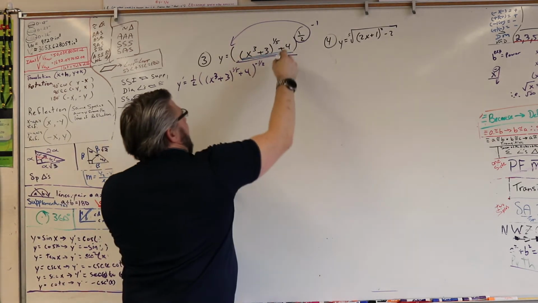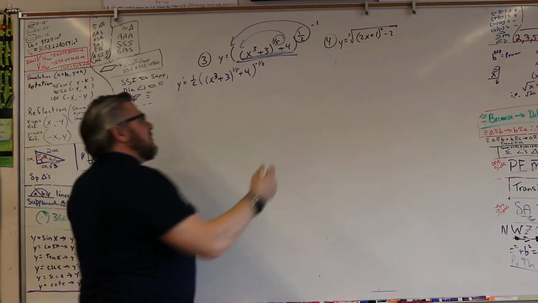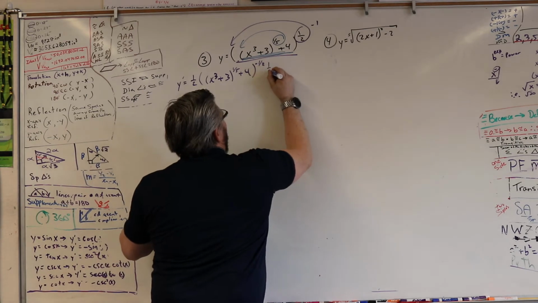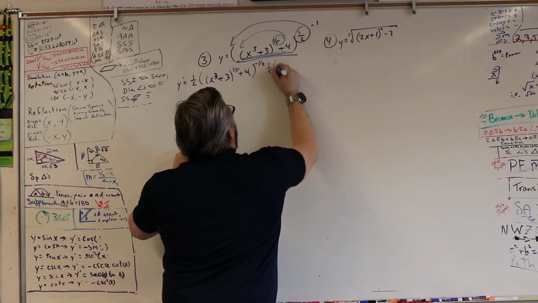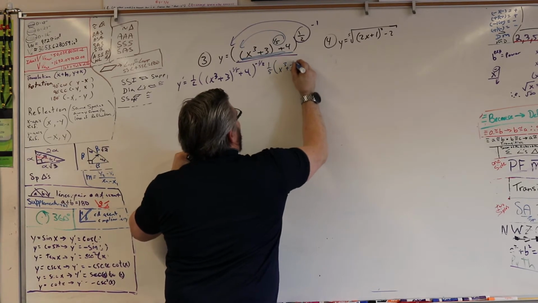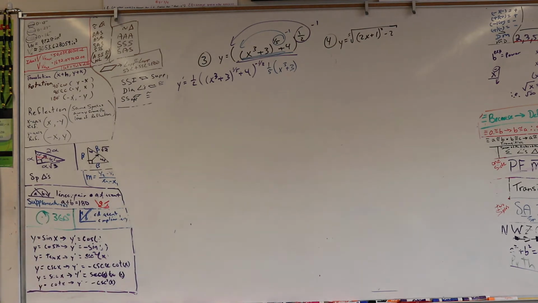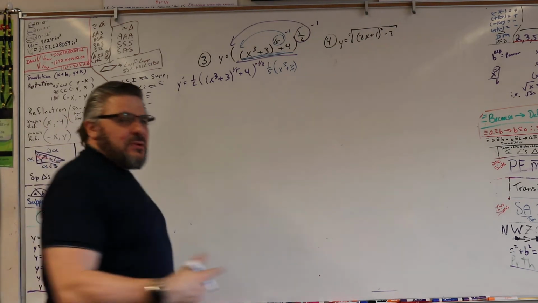So to do that inside, we take this 1/5 and we multiply it. So it's times 1/5 times x to the third plus 3 to the... Now we take 1 away from 1/5, what do we get? Negative 4/5, right?